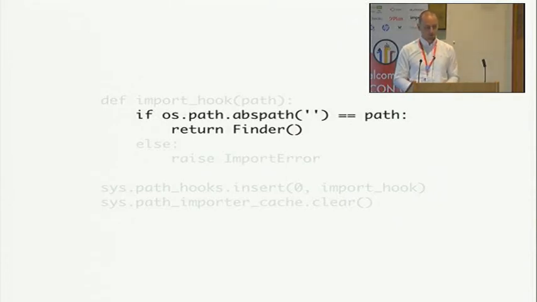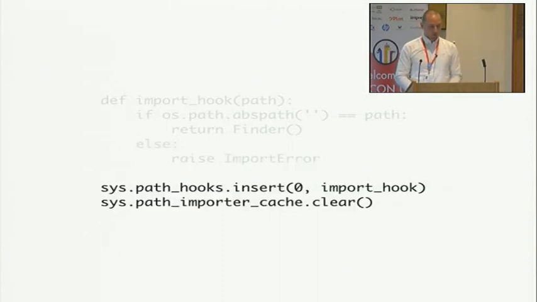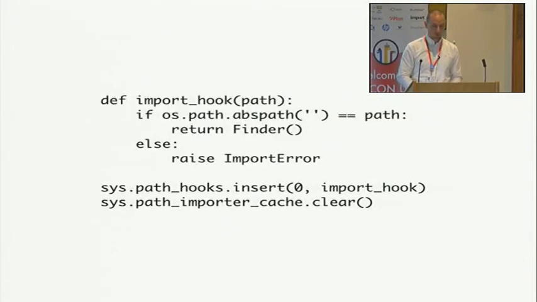That's a little quirk in the import system that you need to check for absolute path. If this matches, we return a finder. What is a finder? We'll learn in a minute. If we're not interested in this path, we raise ImportError, and everything goes back to normal. We let Python handle that as usual. Last thing, we need to install the import hook. We insert it into path_hooks, and we clear the cache. That's the complete code.